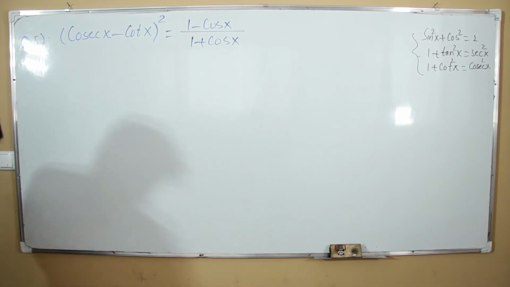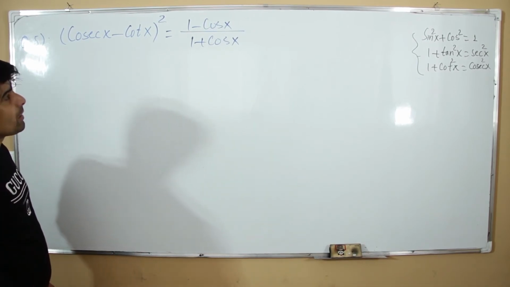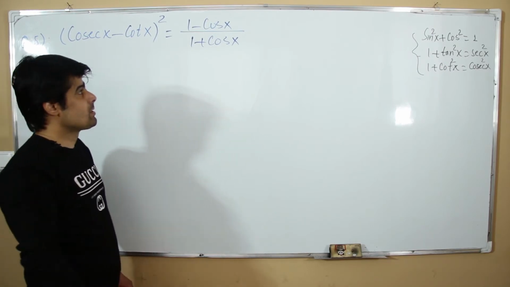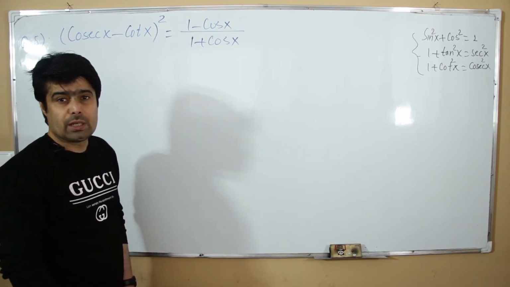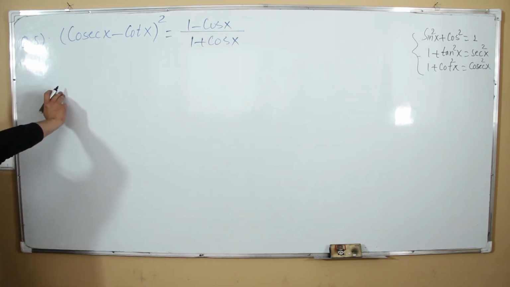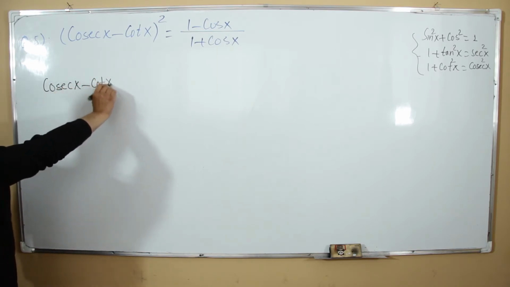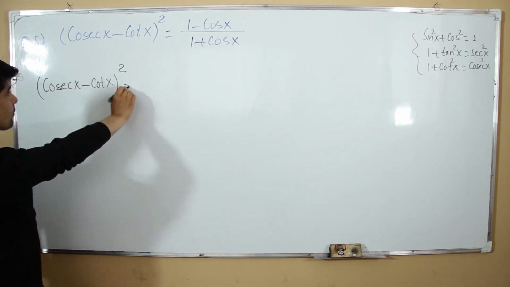Question number 5. Cosecant x minus cotangent x whole square should be equal to 1 minus cosine x divided by 1 plus cosine x. What do you think? In LHS we have cosecant x minus cotangent x whole square.